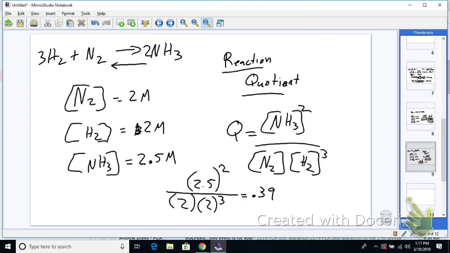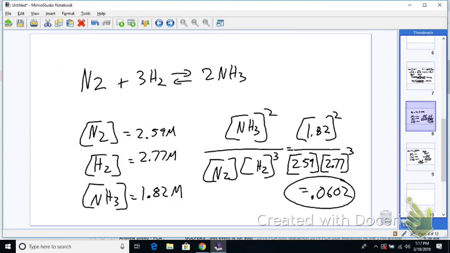So you guys now have the opportunity. You can take an equation, write the equilibrium expression, and calculate it. And if you've got multiple experiments, you can calculate multiple experiments. And then if it says the constant should come up to this, then you know if it's in equilibrium or not.